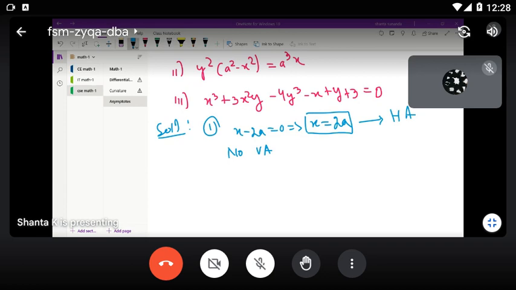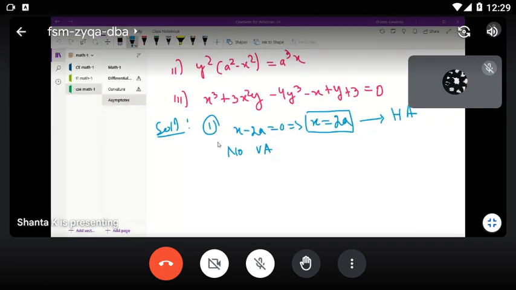Any doubt? You got the oblique ones? Two, ma'am. What are they? Two oblique asymptotes. First oblique equation is coming. y equal to x plus a, y equal to minus x minus a.